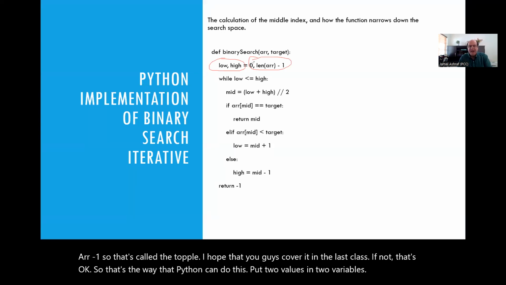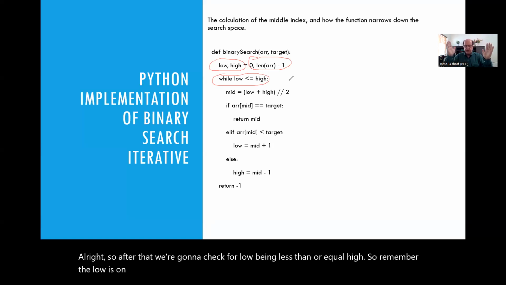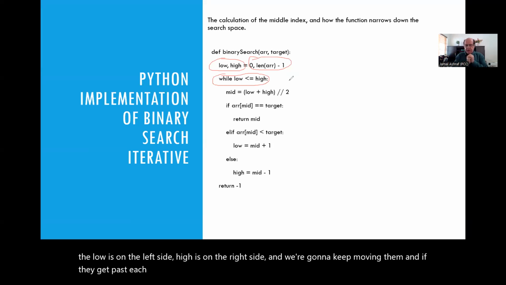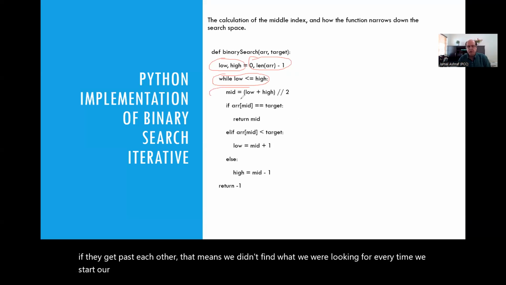All right, so after that, we're going to check for low being less than or equal to high. Remember, the low is on the left side, high is on the right side, and we're going to keep moving them. And if they get past each other, that means we didn't find what we were looking for. Every time we start our process, we're going to take the low plus high, and we're going to do integer division by 2.